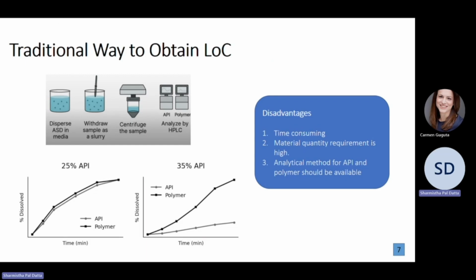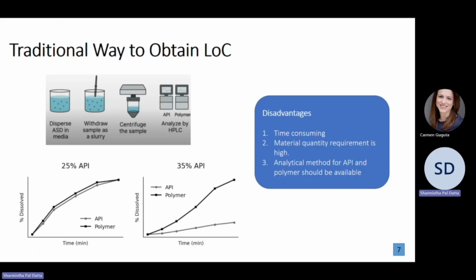These are ASDs prepared with the same polymer system with different concentrations or compositions of the polymer. Then we withdraw samples as a slurry at timed intervals, centrifuge to collect the mother liquor, and then the mother liquor is analyzed by HPLC or another proper technique to get the concentration of both the API as well as the polymer.